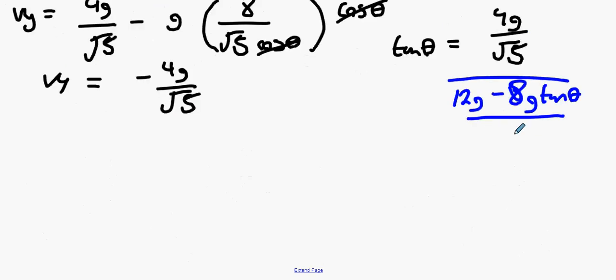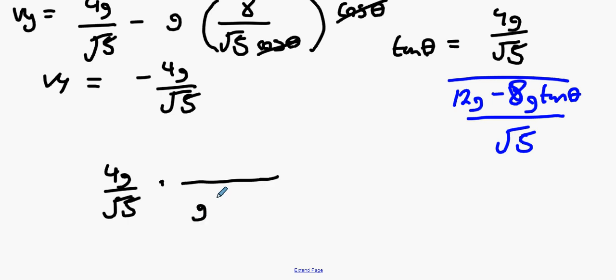I just merged the denominators. Okay, bring that up, turn it upside down. We get 4g over root 5. And the g's are all going to cancel, aren't they? So then turn that one upside down. We're going to get g into 12 minus 8.